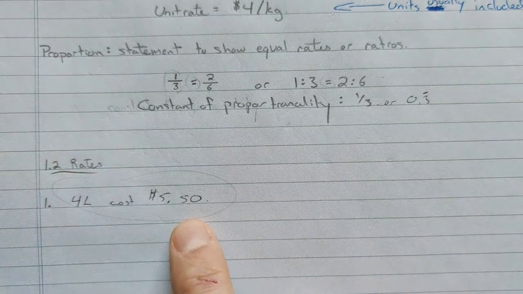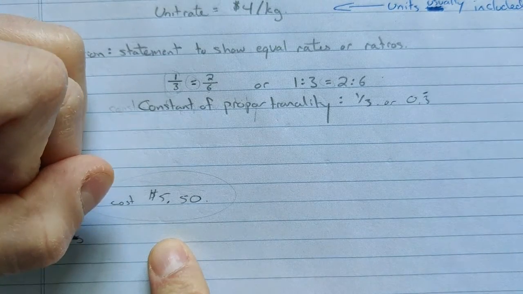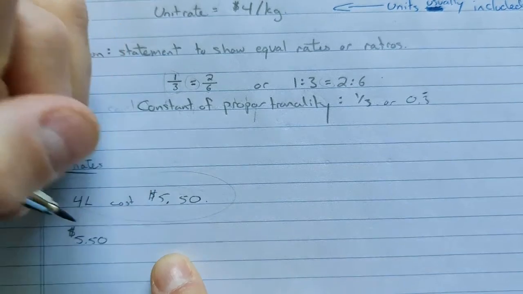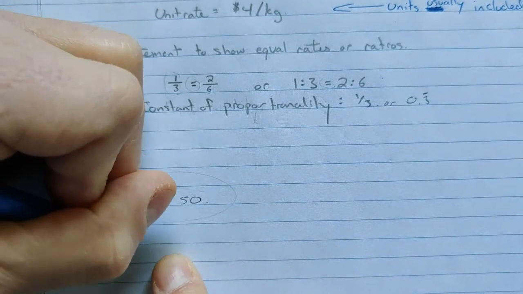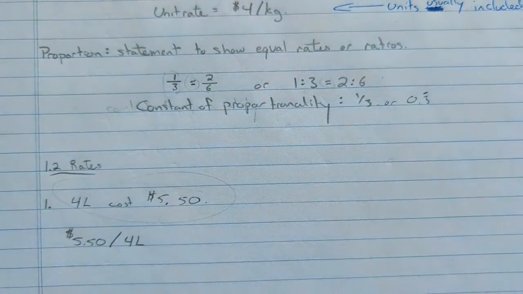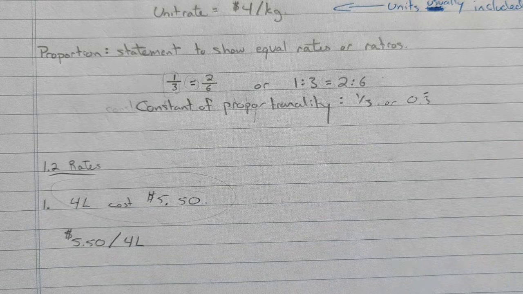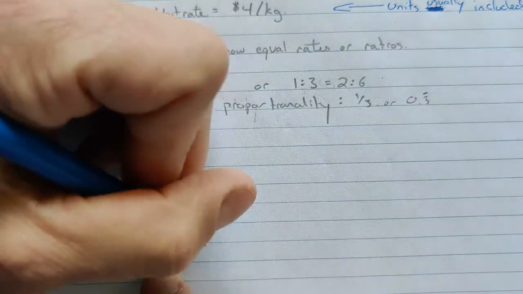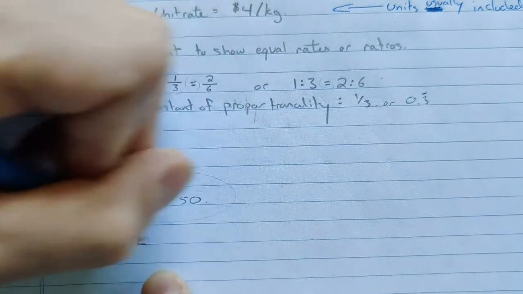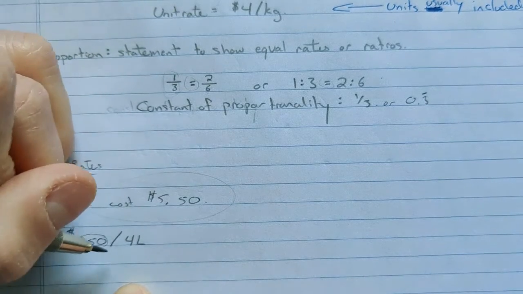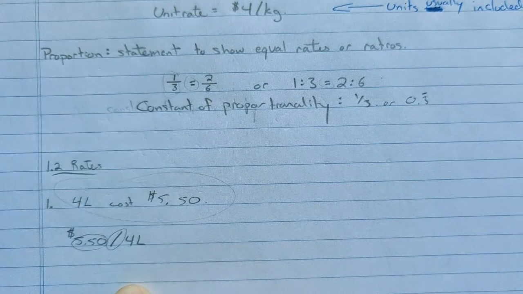So we need this $5.50 to go first. So the cost per 4 liters. So there's the rate. And now what we want to do with this rate is break it down to the cost per individual liter of milk. So how to do that is we take the 5.50, and this slash here again is like a fraction.